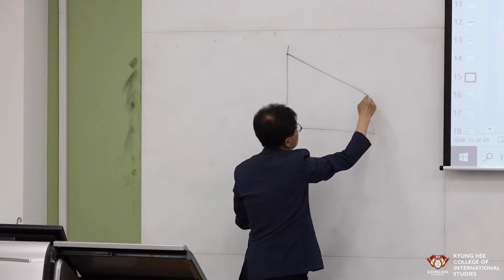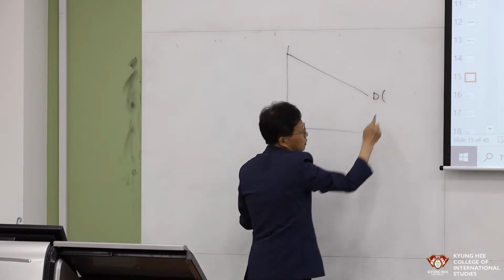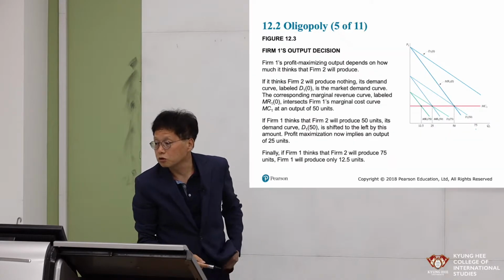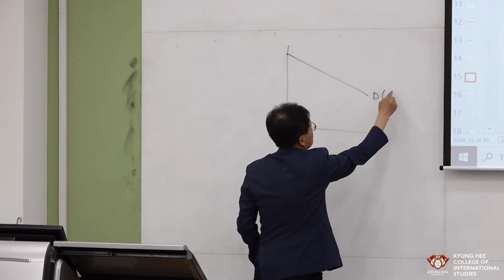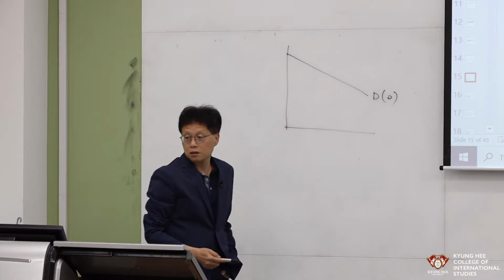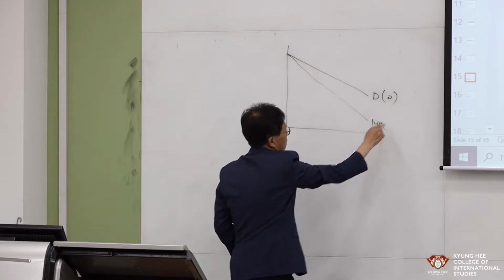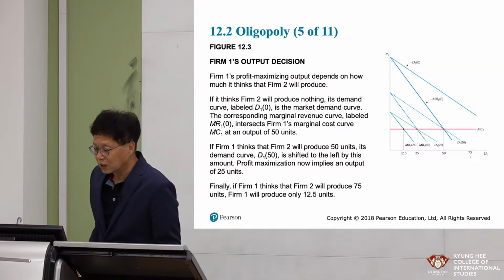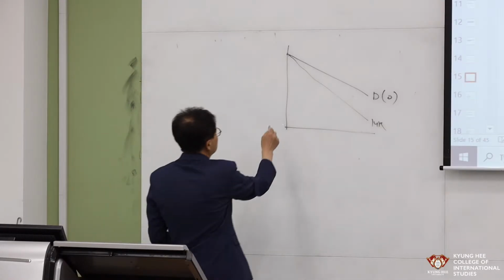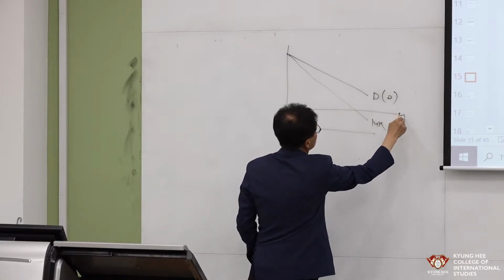This is the demand curve when Firm 2's production is equal to 0. Then marginal revenue is like this, and we also assume constant marginal cost.